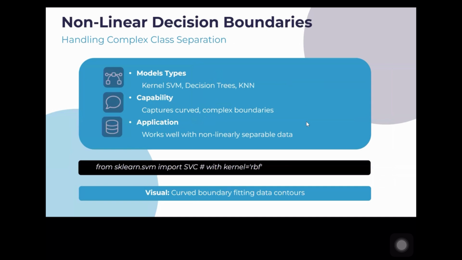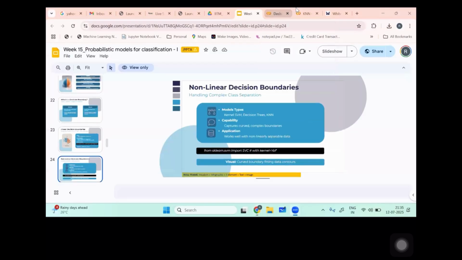But non-linear decision making models are kernel, support vector machine, decision trees, k nearest neighbors, and whatnot. So we have non-linear models as well, which is support vector machine.